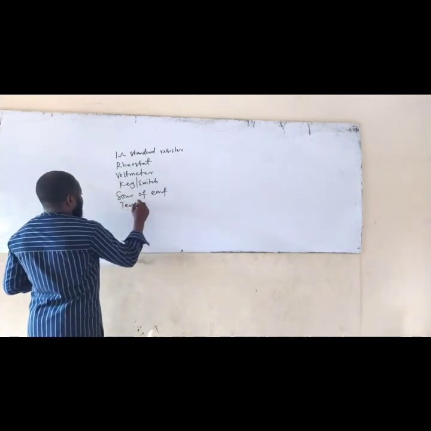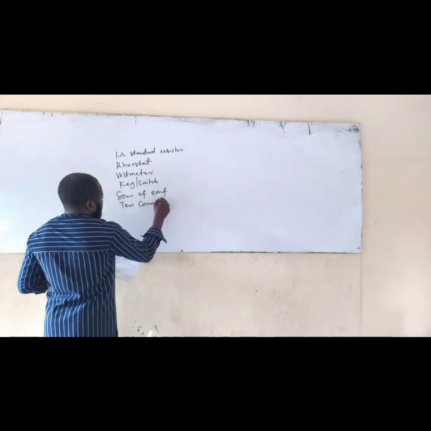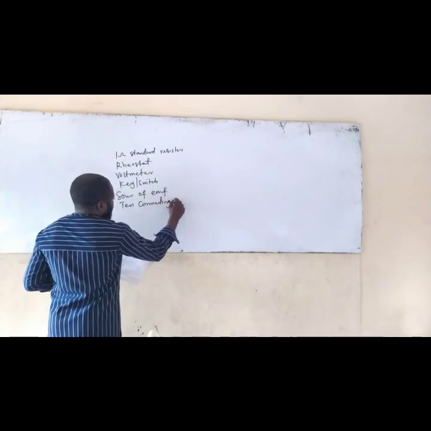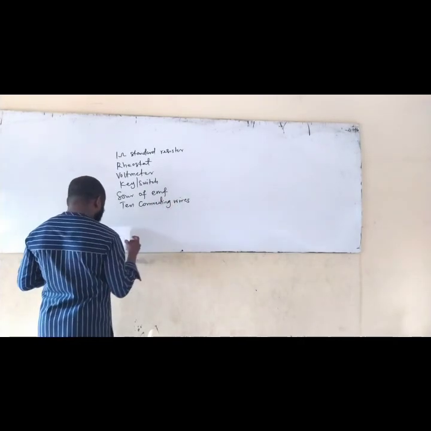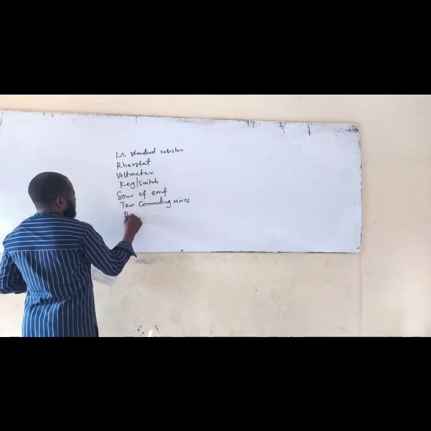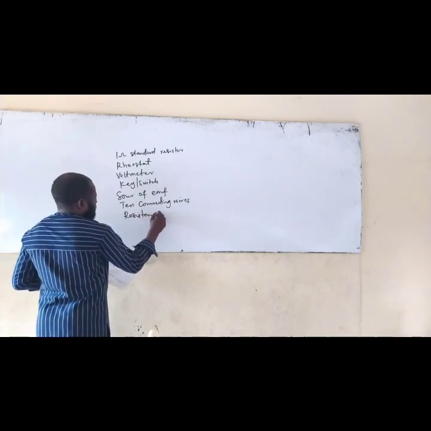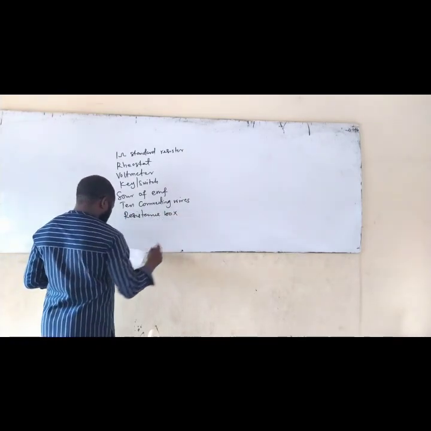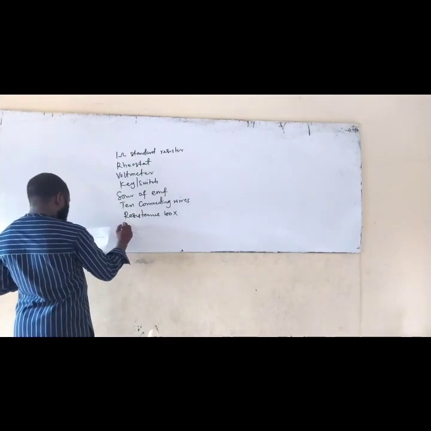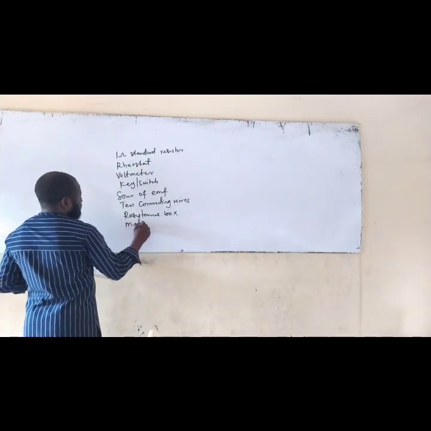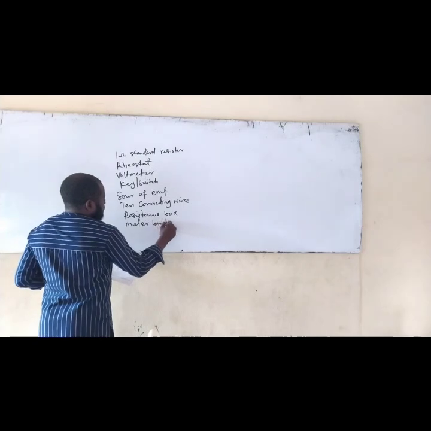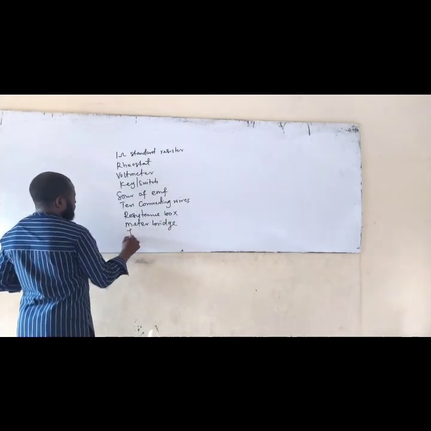Then you have 10 connecting wires. Then we have resistance box. Okay, so meter bridge and jockey.